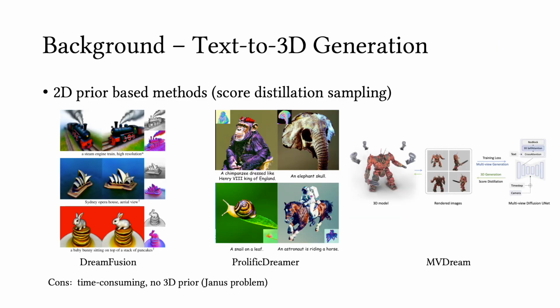Text-to-3D generation has been a challenging task in the field of computer vision. Some pioneering methods rely on 2D priors and techniques such as score distillation sampling. However, they often fall short due to their time-consuming nature and lack of 3D prior knowledge, leading to what we call the Janus problem.